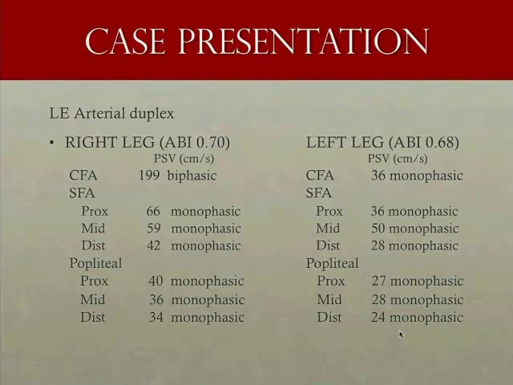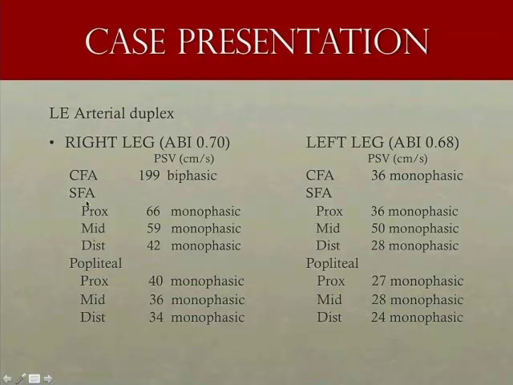In my office, her non-invasive workup included the following. Her resting ABI in the right leg was 0.7, and her left leg resting ABI was 0.68. Her arterial duplex was quite interesting. Her common femoral arterial peak systolic velocity hovered around 200 with a biphasic waveform.